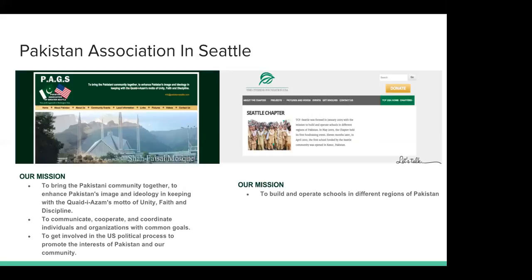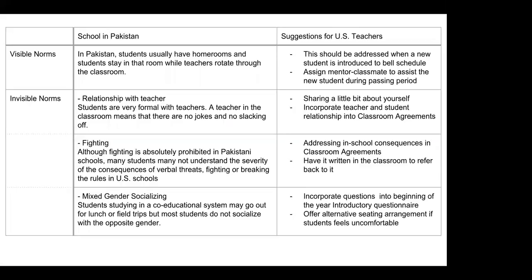And there are approximately 1,000 families in Seattle, so if we extrapolate, that's probably closer to 4,000 or 5,000 people if we include that each family has a couple kids. And the last thing I wanted to touch on was that 4% of Pakistan's GDP is from people sending money back to Pakistan, so it's a very family-oriented culture.